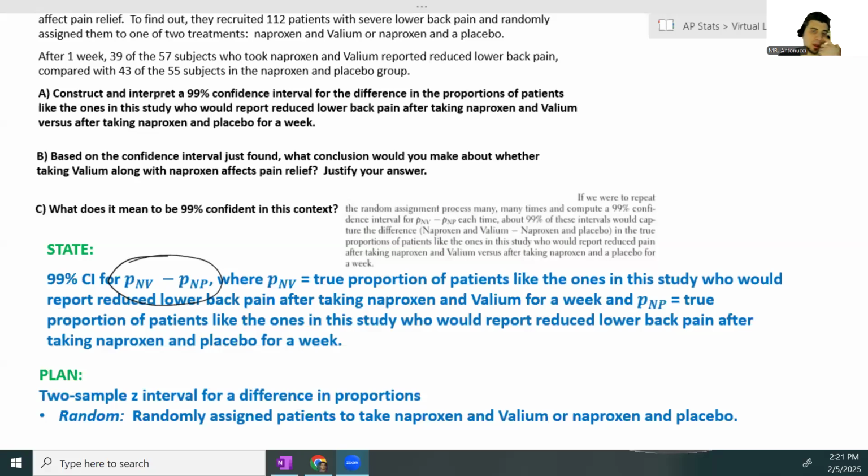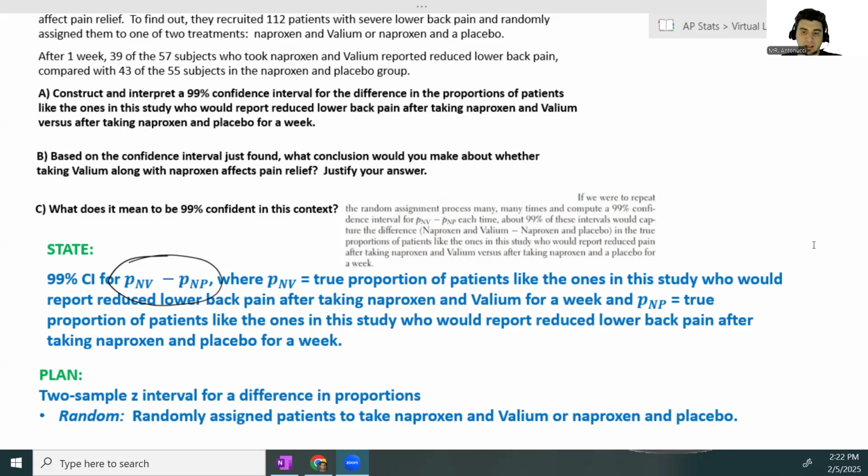So here's how we say what it means to be 99% confident in this context. If we were to repeat the random assignment process many, many times, this is implying a long run average sort of thing, and compute a 99% confidence interval for the difference in proportions each time, about 99% of these intervals would capture the true difference, Valium minus placebo, in the true proportions of patients like the ones in this study who would report reduced pain after taking the naproxen with Valium versus after taking the naproxen and a placebo for a week.